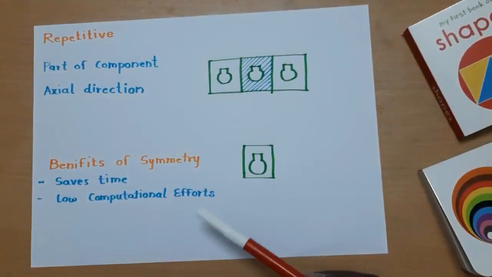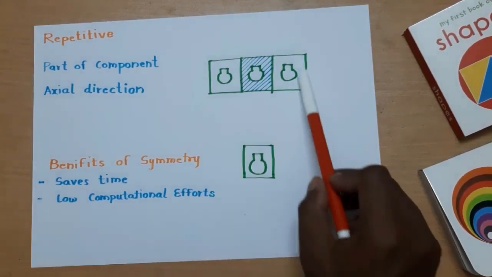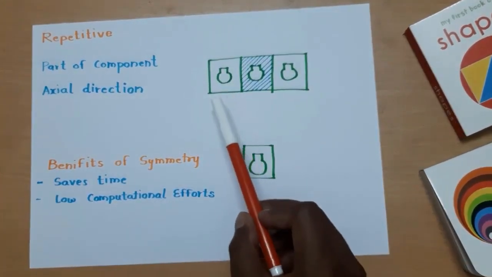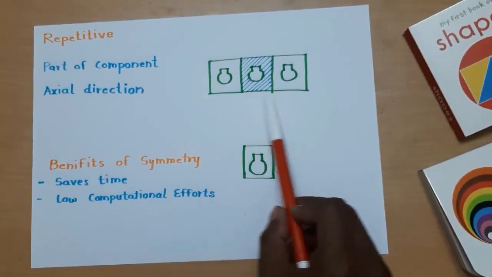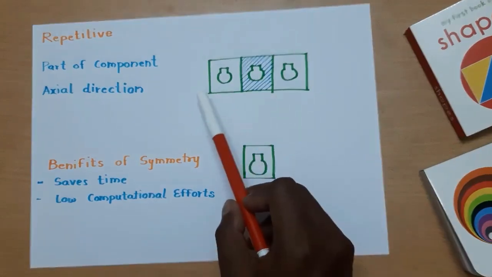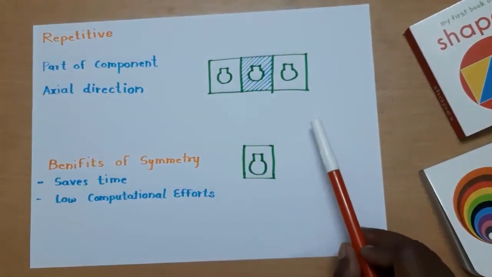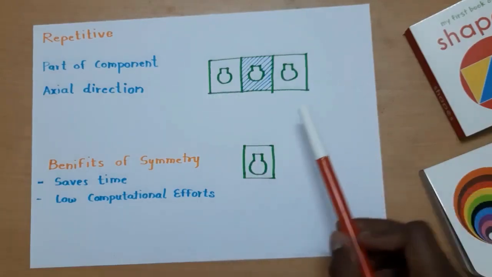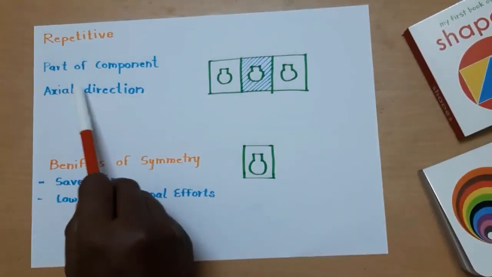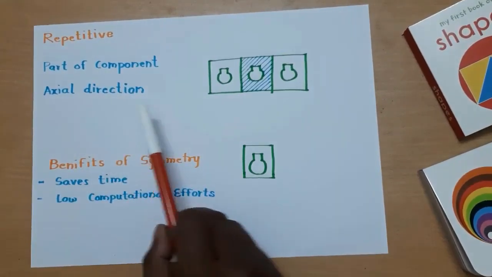The last one is repetitive symmetry. In repetitive analysis, the component is like this and it is repeated along one direction. It's not about an axis or a plane; in any direction, it is repetitive, just like the repetitive bogies of a railway train. We consider one part of the component and the direction of repetition.